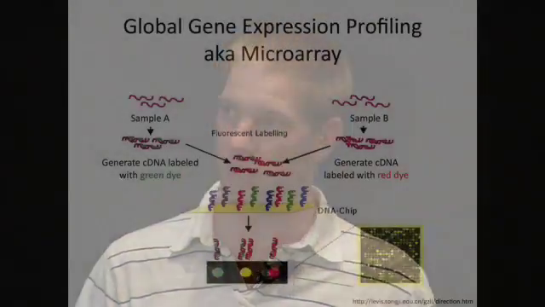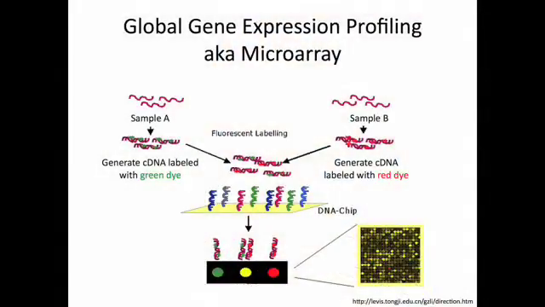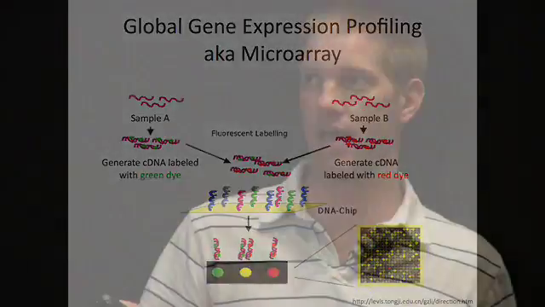All right, so another method that you probably will hear a lot about is microarrays, or global gene expression profiling. This method, again, relies on hybridization between complementary strands of nucleic acid.